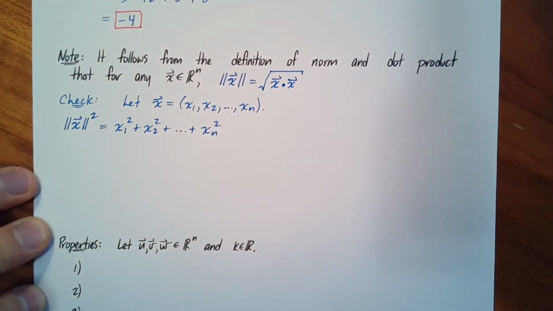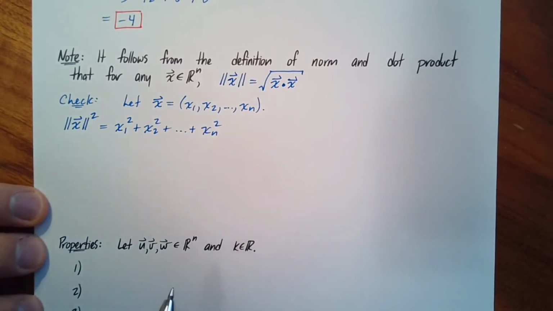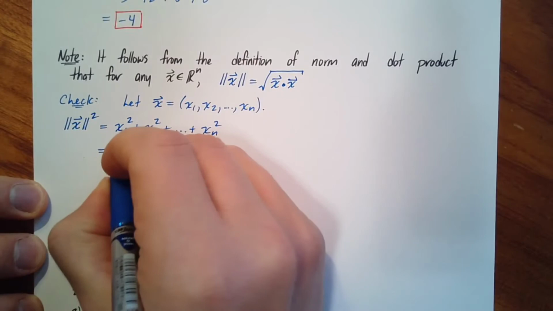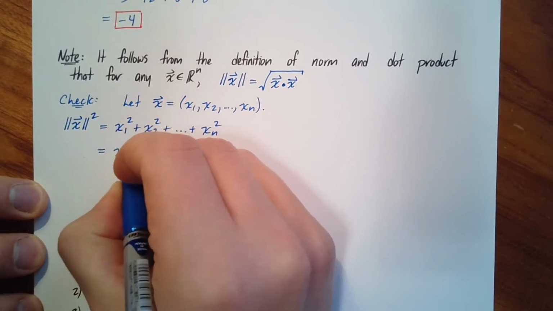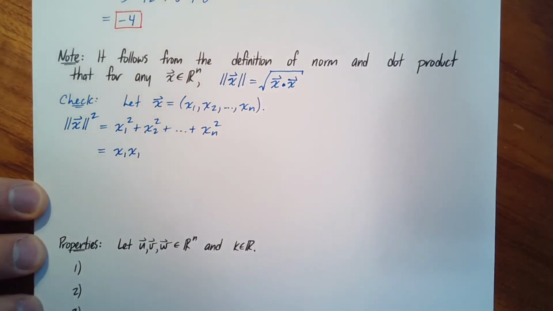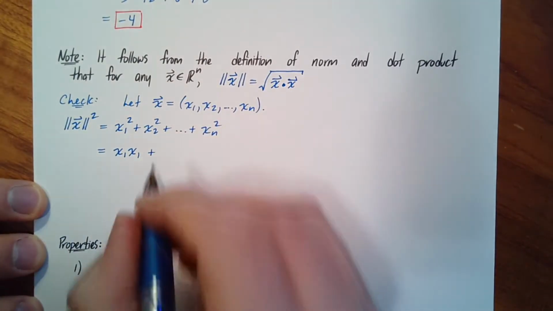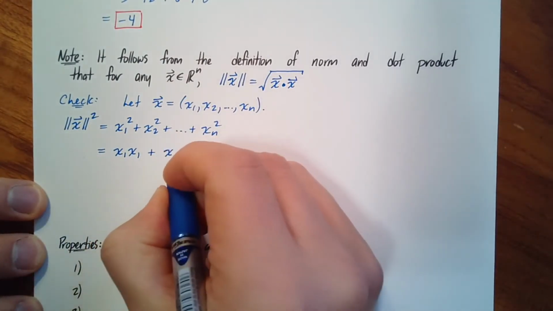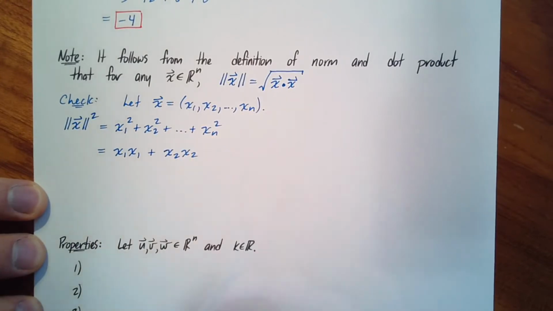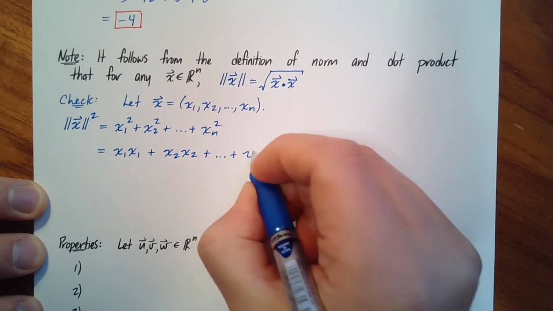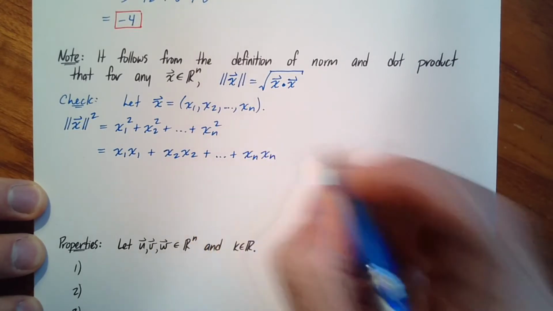all the way up to the very last coordinate xn squared. And this next step, you don't even necessarily need to write it down, but I'm just going to write it down anyway just to make it really clear how this actually matches up perfectly with the dot product of x with itself. I'm just going to write x1 squared as x1 times x1, and then x2 squared as x2 times x2, and then up to our very last term, xn times xn.